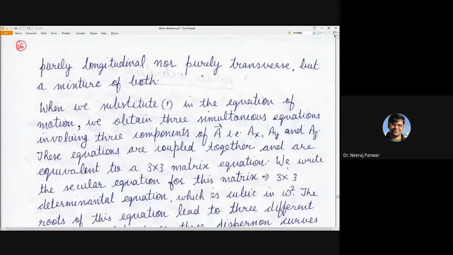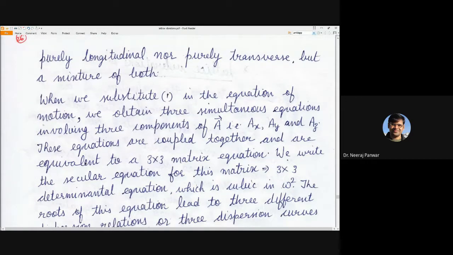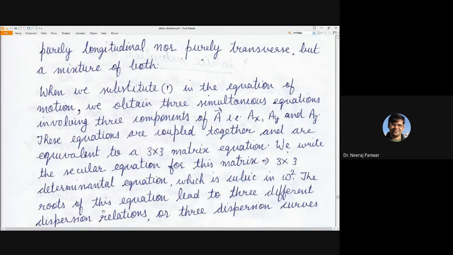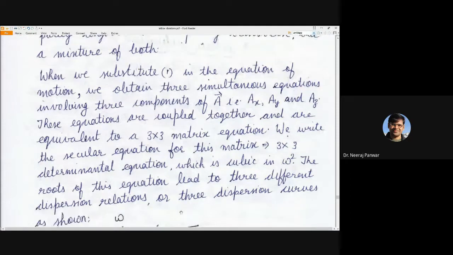We will get an equation which is cubic in omega square. The roots of this equation lead to three different dispersion relations or three dispersion curves as shown.